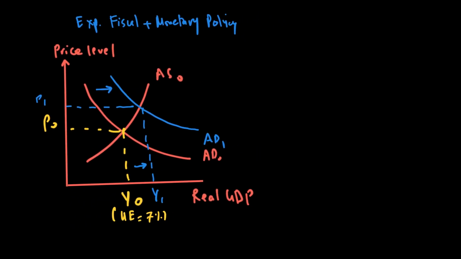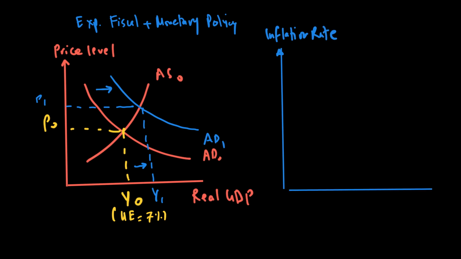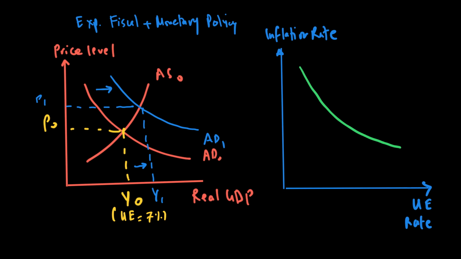So what we're trying to see here is, if I draw on the other side my Phillips curve, which shows the relationship between inflation rate on my y-axis and unemployment rate on my x-axis, let me write this, unemployment rate on the x-axis, I will have an inverse relationship like this, where when your inflation was lower, because the price level was lower, you had an unemployment of, for example, 7%.